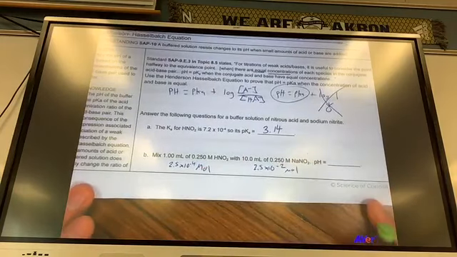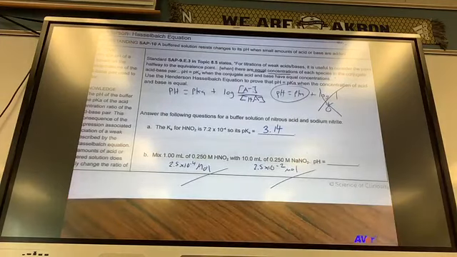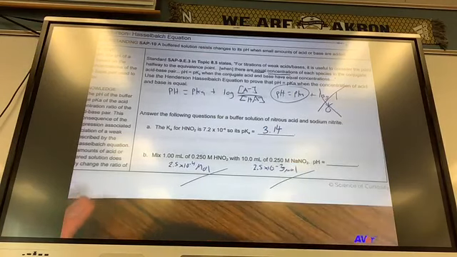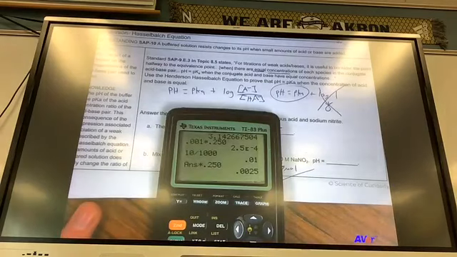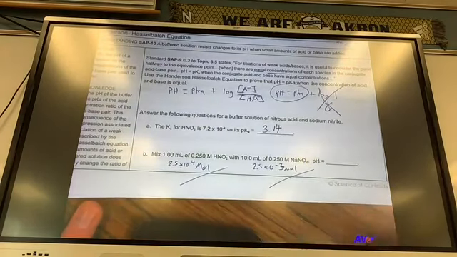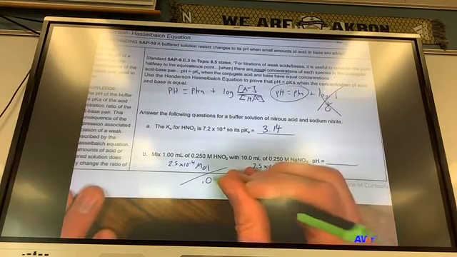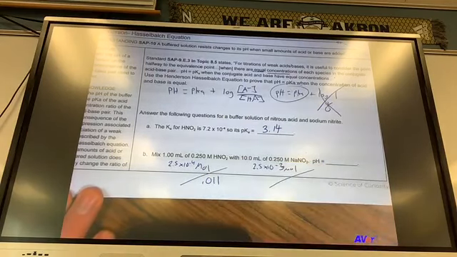Then I have to divide both of these by what? 0.011, because I have to add those two volumes together.